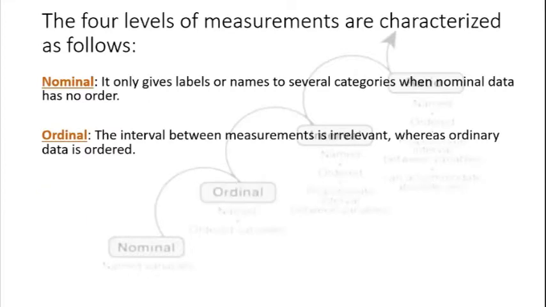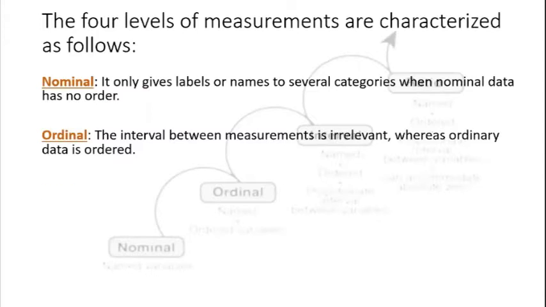For the ordinal scale, the interval between measurements is irrelevant, whereas ordinal data is ordered or ranked or arranged in a certain way where the positions will be displayed.